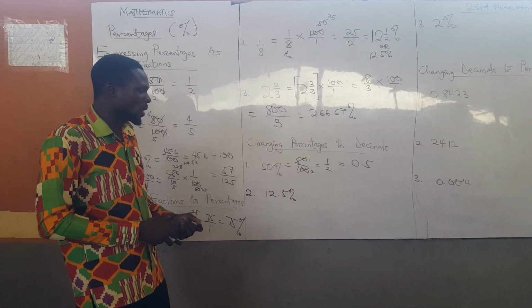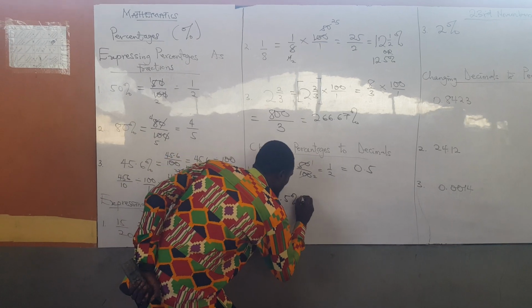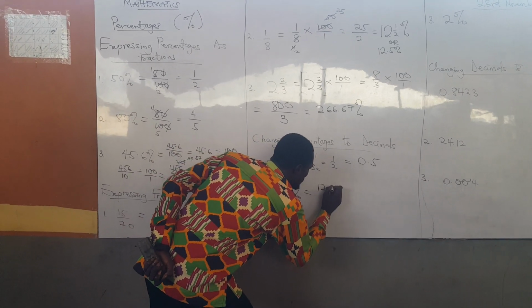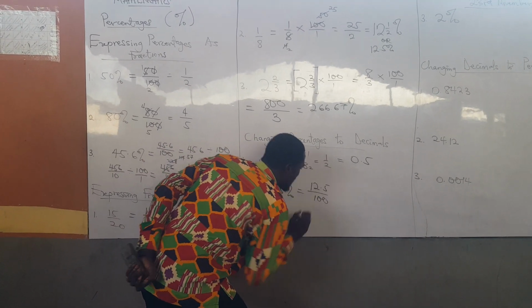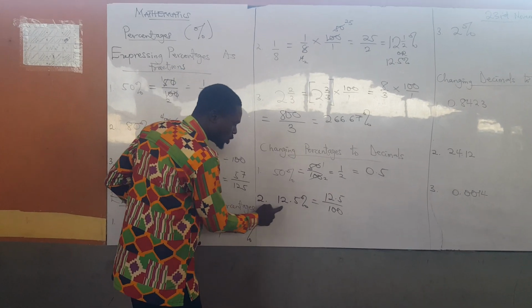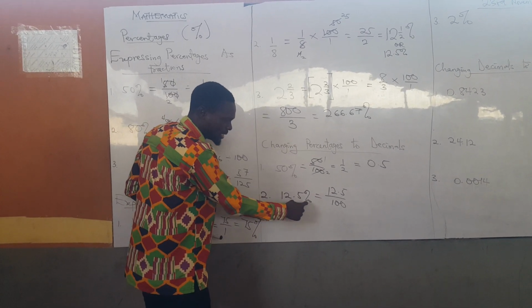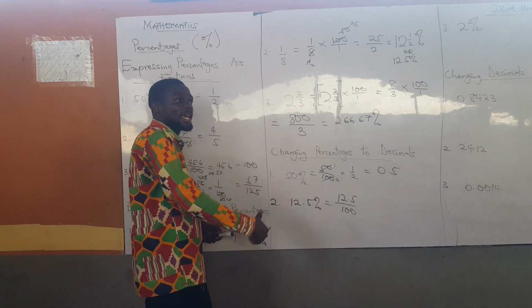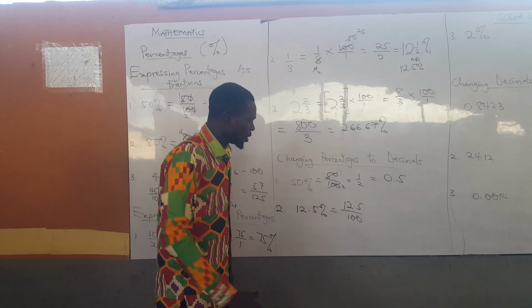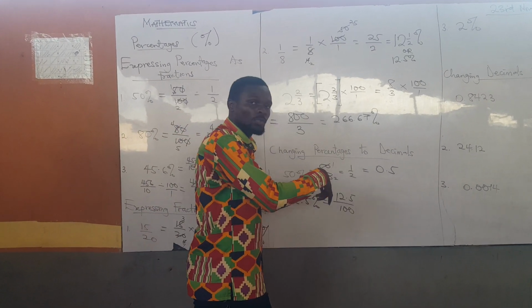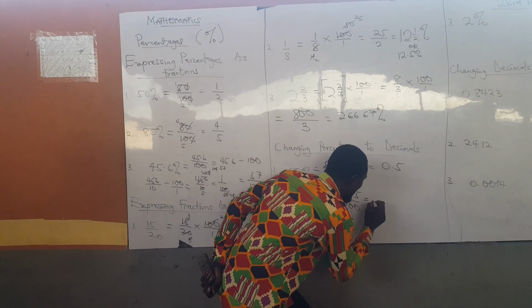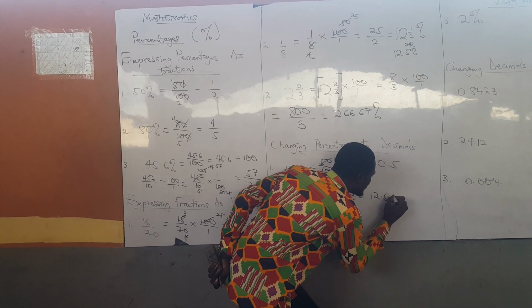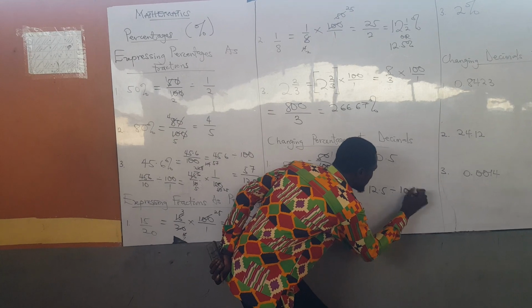When you come to the second one too, you are going to get 12.5 over 100. Remember, this is not decimal, because of the percent sign here, there is a percentage. So this is 12.5 over 100, which can be written as 12.5 divided by 100.